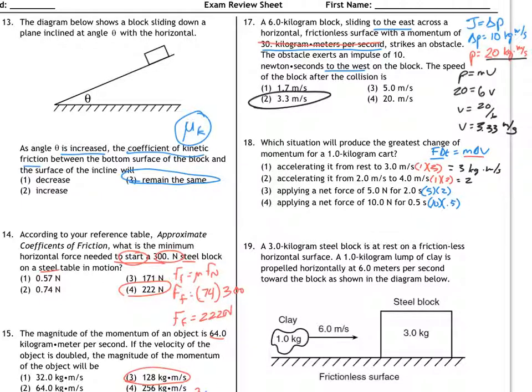This one is going to be 2 kilogram meters per second. This one is 10, so far it's the winner. Technically it would be newton seconds, but either of these units is fine. And this one is going to be 5. So the winner is choice 3, applying a net force of 5 newtons for 2 seconds.